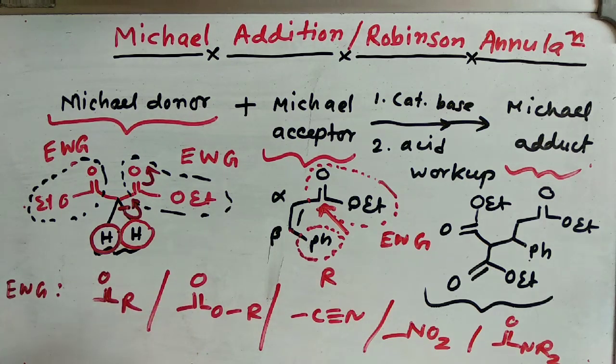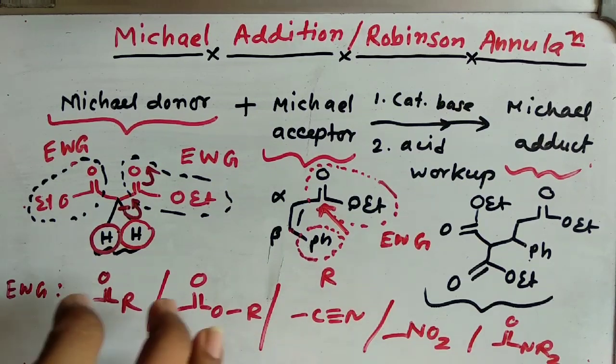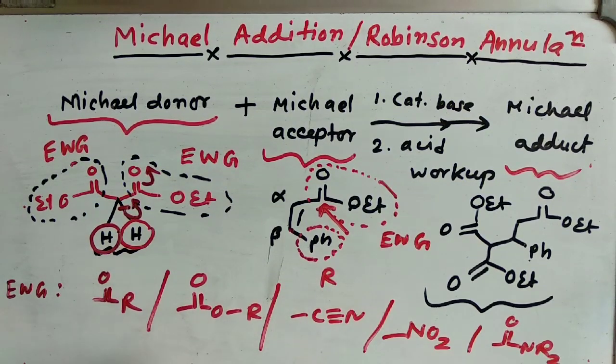Okay, so that is about the electron withdrawing group that can be varied, whatever this can be, or this can be. Any kind of this system can act as a Michael donor or Michael acceptor as an electron withdrawing group. Okay, so the electron withdrawing group is over.